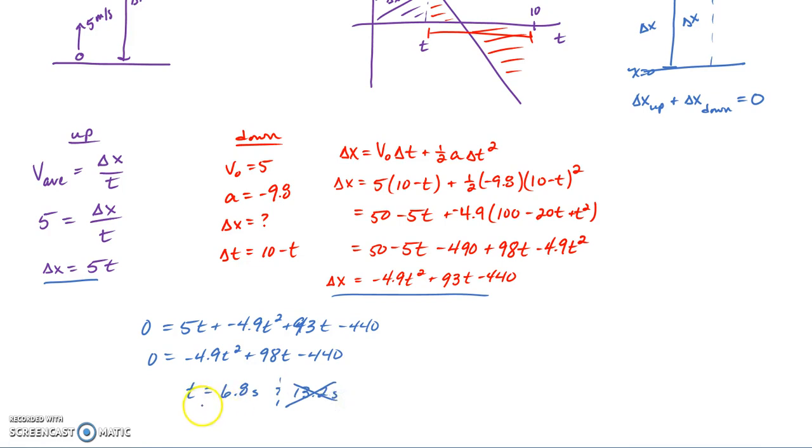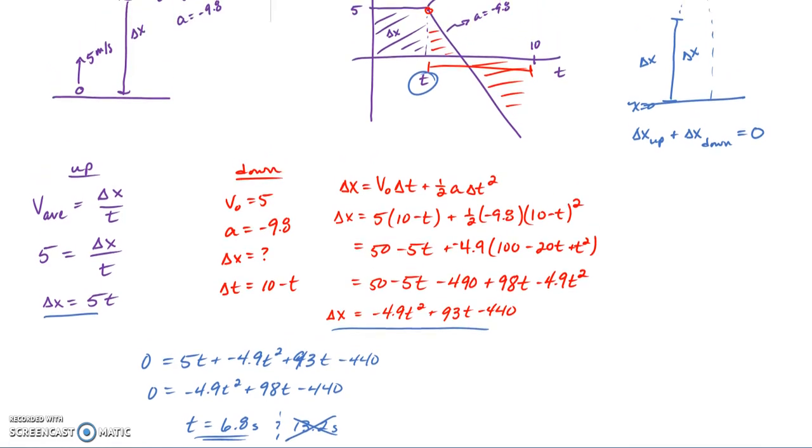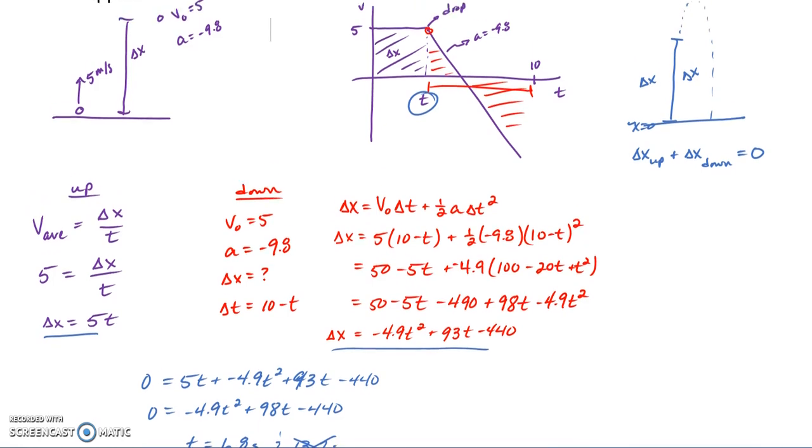That means that 6.8 is the time it takes to rise to our max height. That's our t that we solved for up here. Now if I want to figure out that max height, if you look, it's a nice simple rectangle over here, so I can calculate the area.